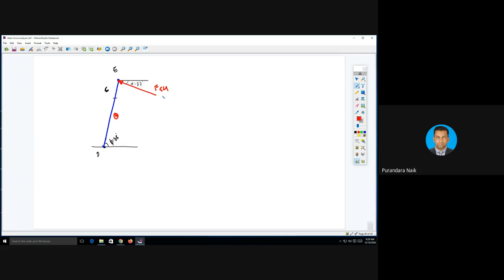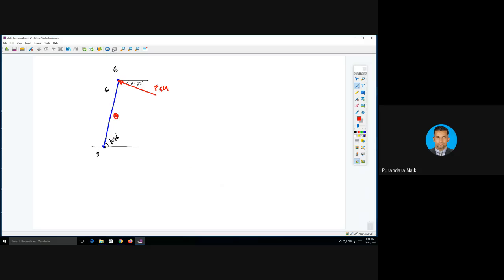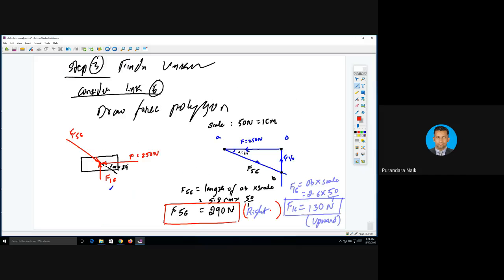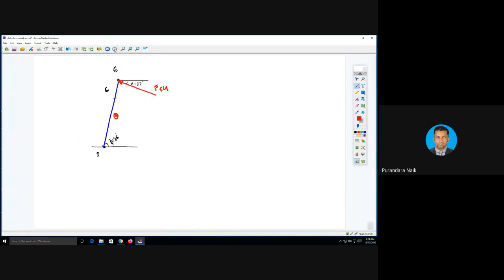Next, one more force is there. What is that force? F34, right? What is the angle of F34? It is 17 degree, correct? See the free-body diagram, 17 degree. Take the reference line at an angle of 17.